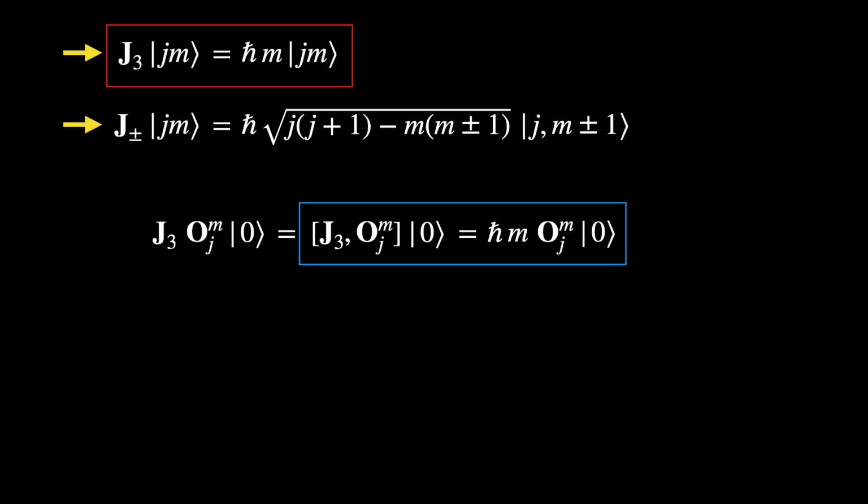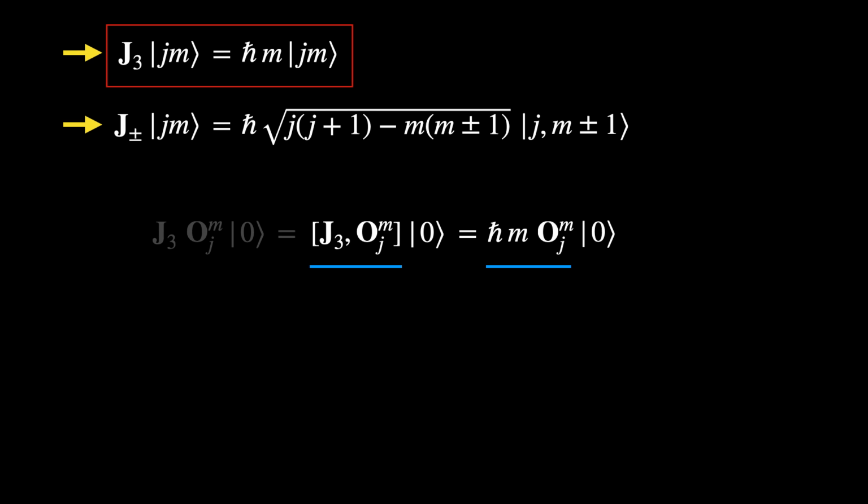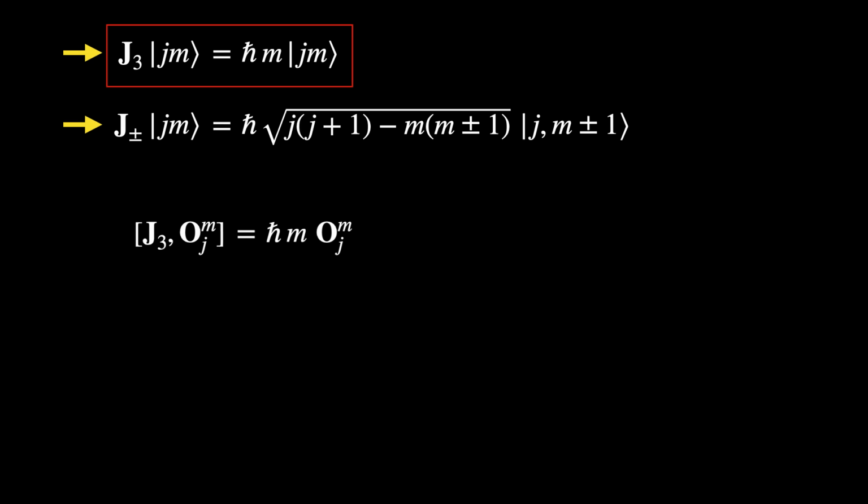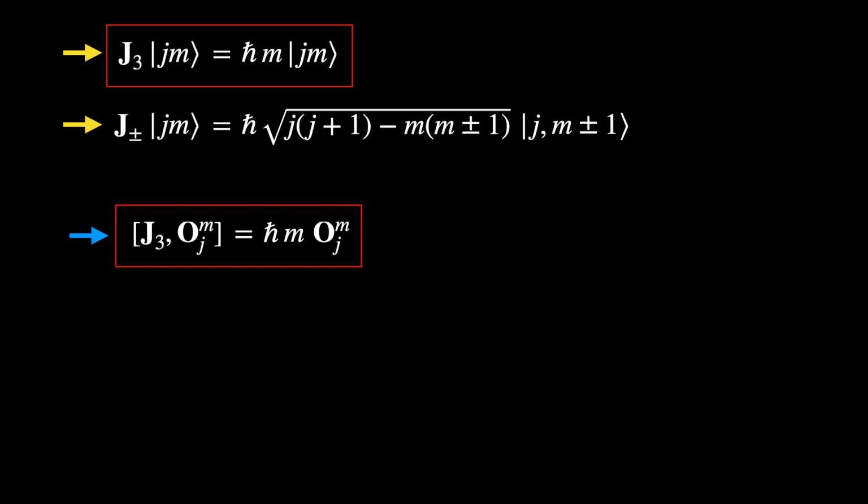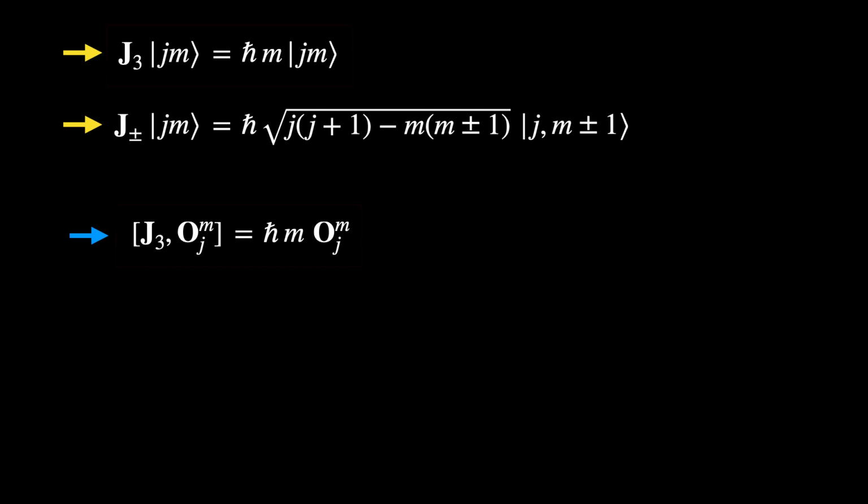The last equation can be satisfied for any zero angular momentum state if we insist on this commutation relation. With this equation, we say that the operator OJM transforms under J3 in the same way as the state Jm.